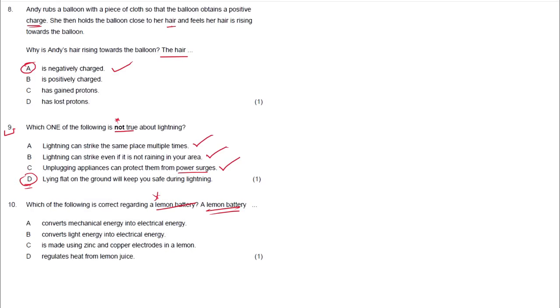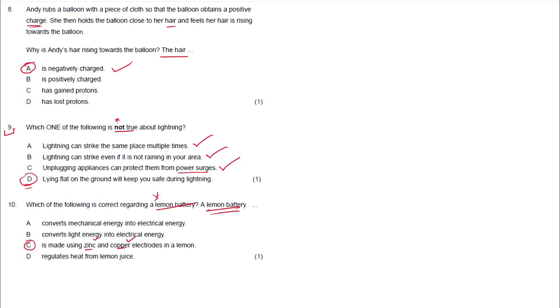If we check here, we can see that a lemon battery is made using zinc and copper electrodes in a lemon. So our correct answer is clear. It will be option D because they mentioned zinc and they also mentioned copper.